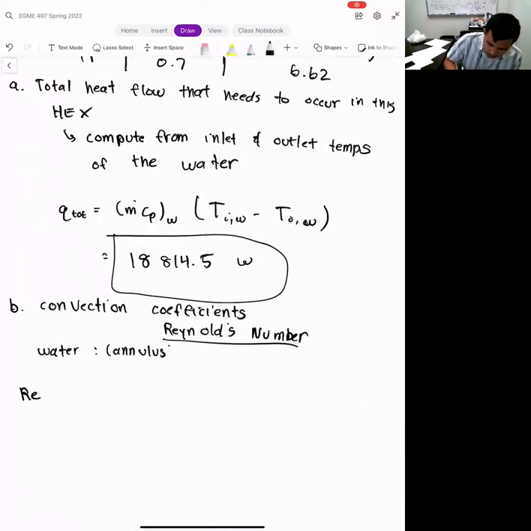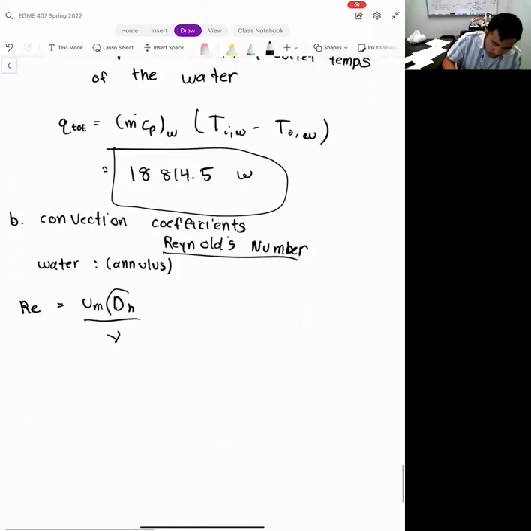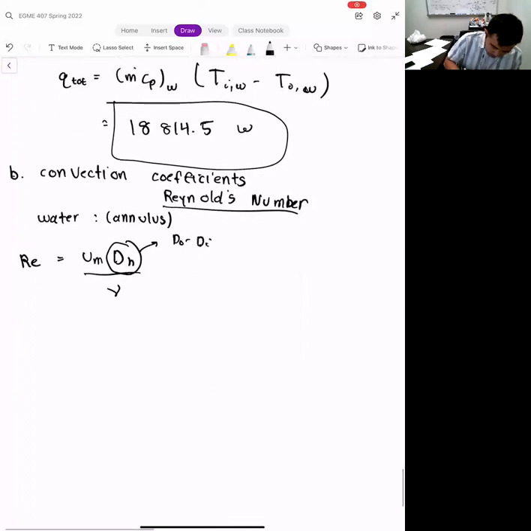The Reynolds number for an annulus is the mean velocity multiplied by the hydraulic diameter divided by nu. Hydraulic diameter here is just the difference in diameters of the annulus, so we have dO minus di. The mean velocity we're going to compute based off the mass flow rate, so we have m dot divided by rho AC.